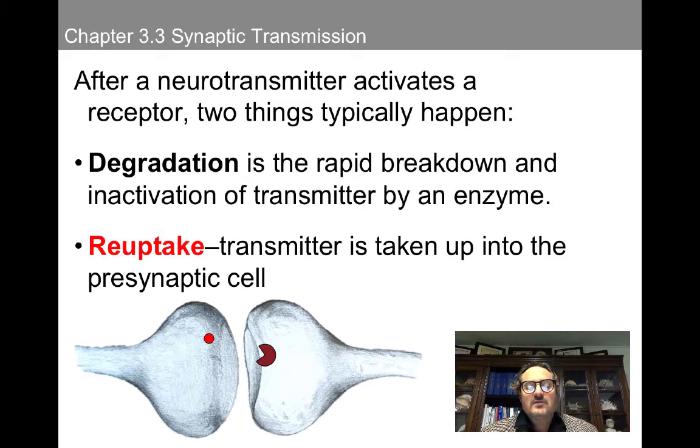And the net effect is you're going to have less of the neurotransmitter in the synapse when it's reuptaken. It's almost like you're taking a basketball player out of the game and letting it have a break before it returns. So this is called reuptake. Oftentimes, the same neurotransmitter can be degraded or reuptaken at the same time.